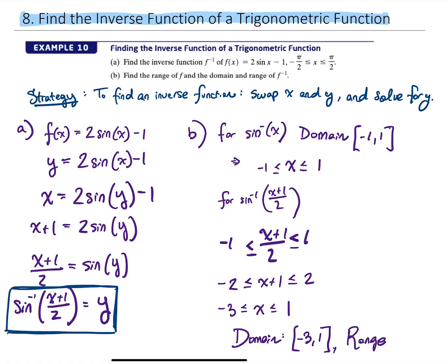And in the range, they gave us this domain from the original statement. That will be the range of our function because we're swapping domains and ranges. So this will be from -π/2 to π/2.